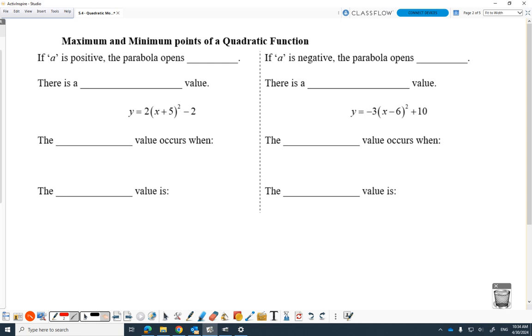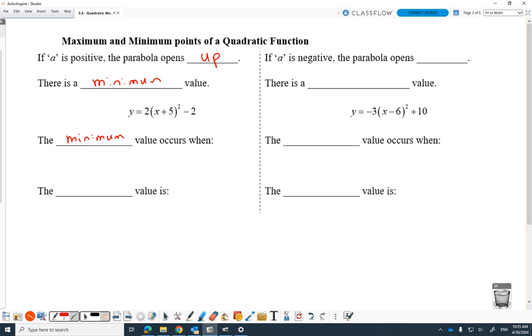If a is positive, the parabola opens up. That means is there a max or a min? Maybe you got to sit there at your desk when you answer that. Okay, opens upwards. There is a minimum value. That minimum value occurs, okay, where?